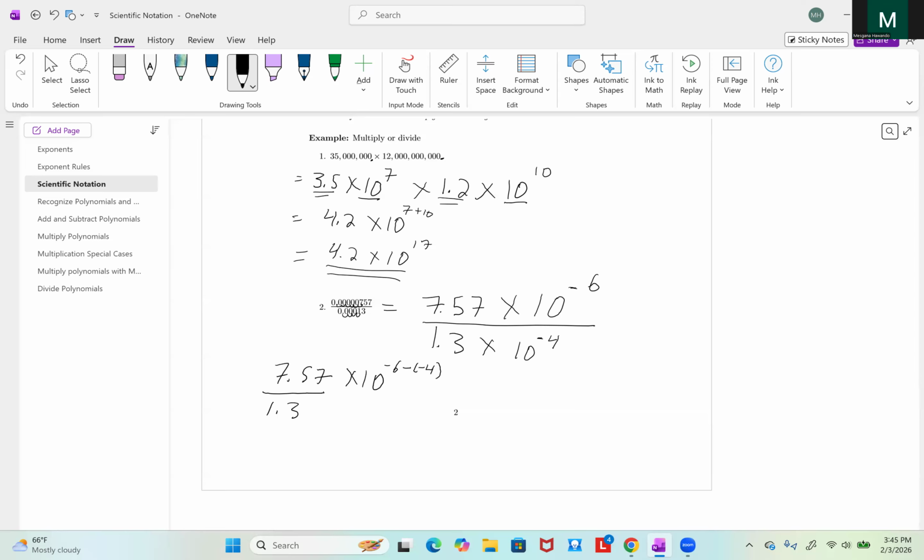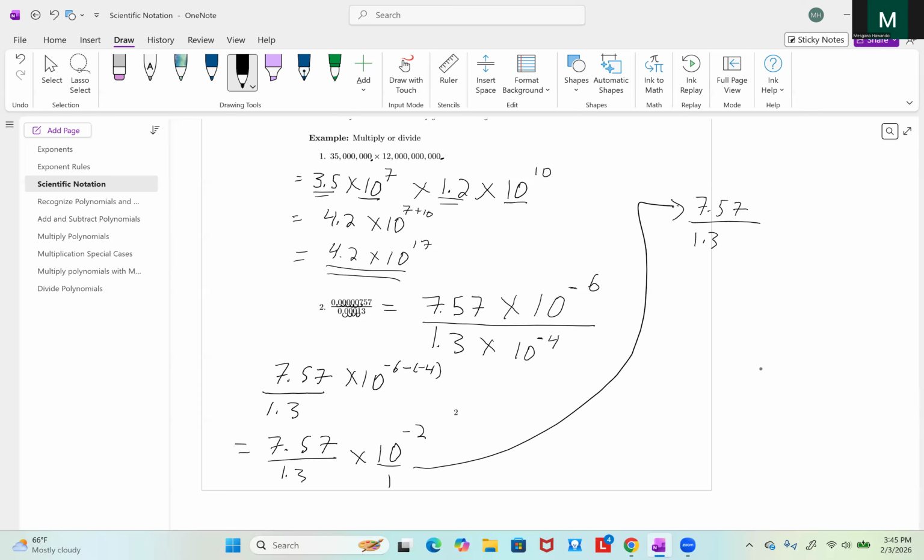So this is equal to 7.57 over 1.3 times 10 to the power of -2. The exponent is negative, so it needs to go in the denominator. So this becomes 7.57 over 1.3 times 10 squared.